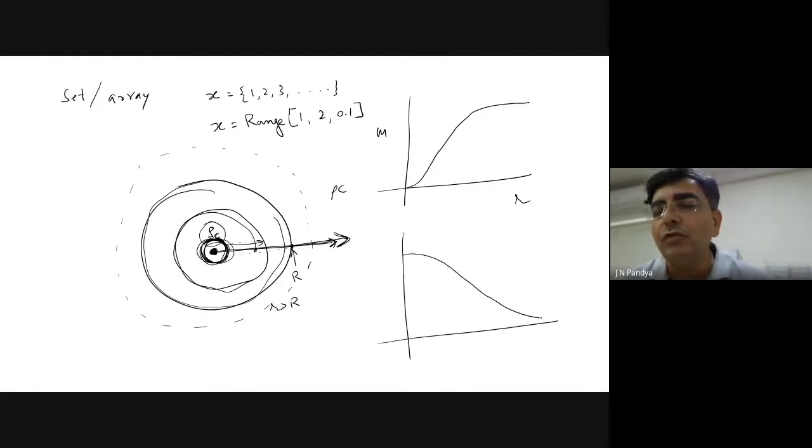As I go out, my density is decreasing, and at this point, my density is 0 beyond this point, because there is no matter. So when I try to plot this, or solve the coupled differential equations for rho and m, I am supposed to get this kind of graphs.